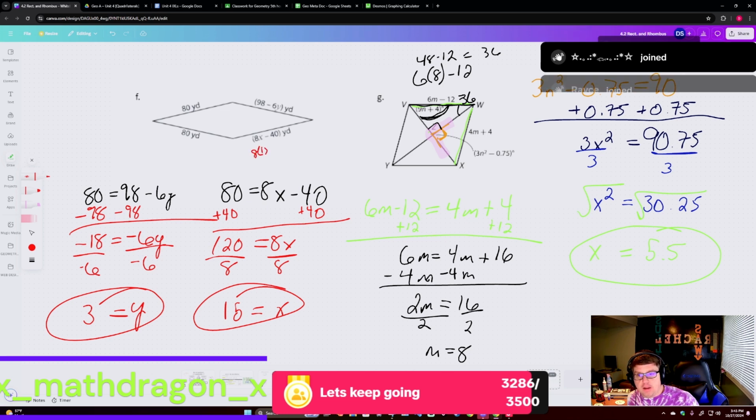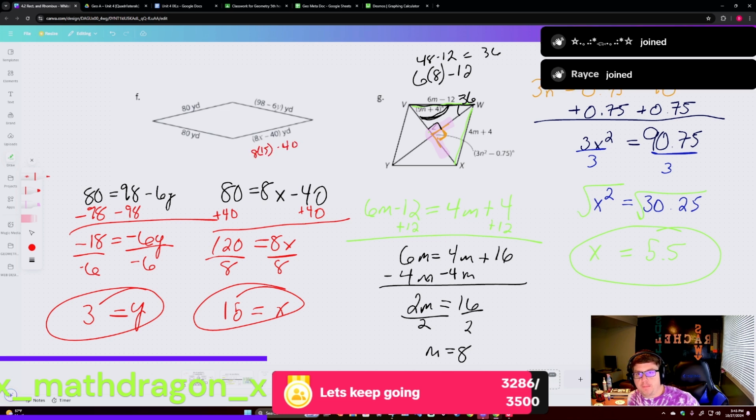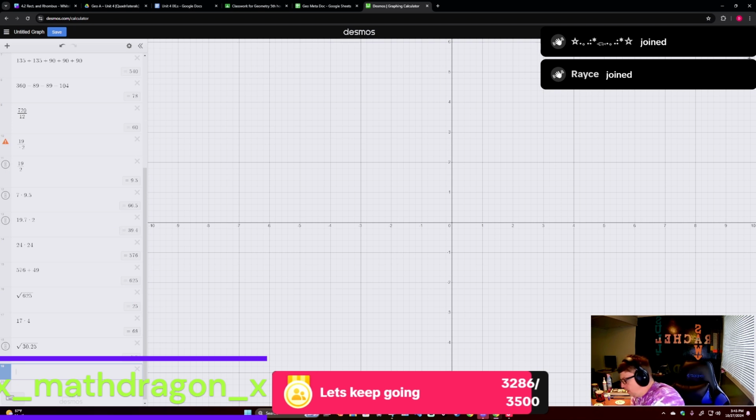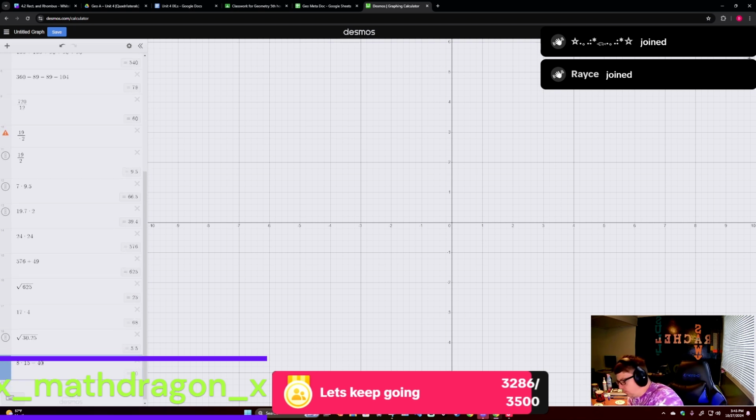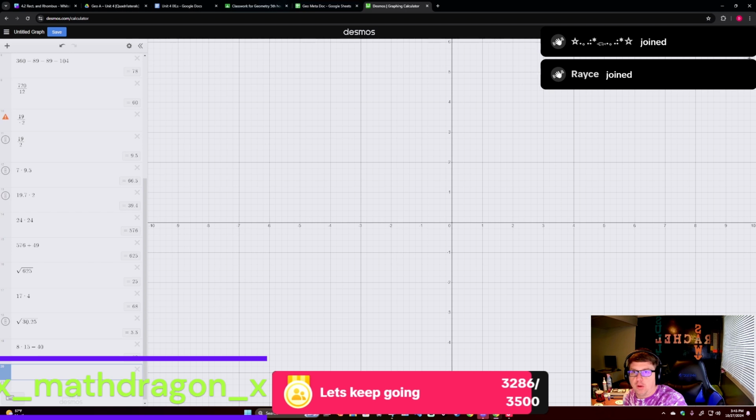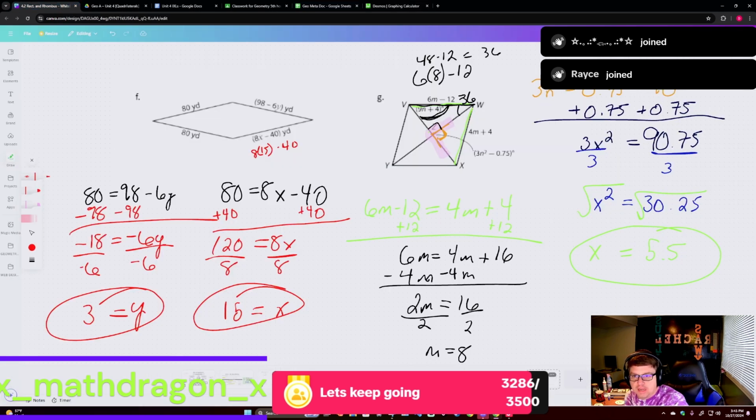If I do 8 times 15 minus 40, that is 80. So we showed that this is 80 as well. And you can do 98 minus 6 times 3. 6 times 3 is 18. 98 minus 18 is going to be 80 as well. So we showed all 4 sides are equal to each other.